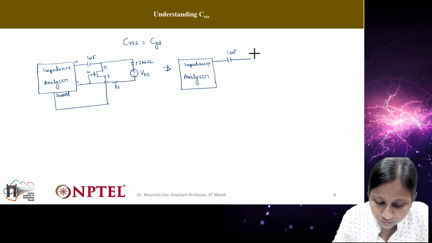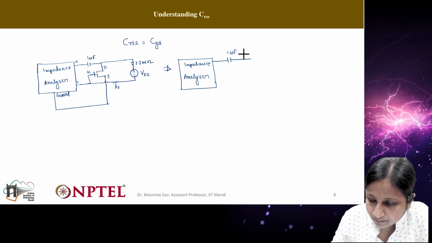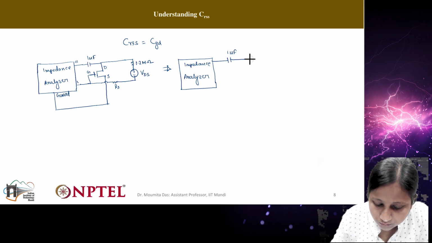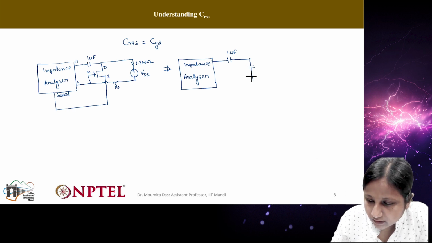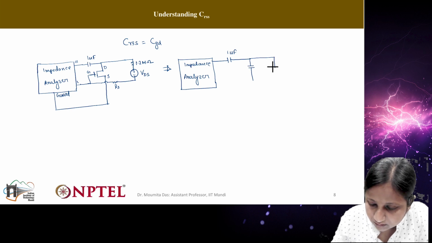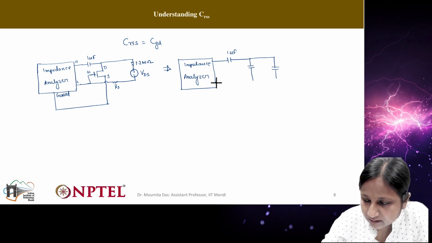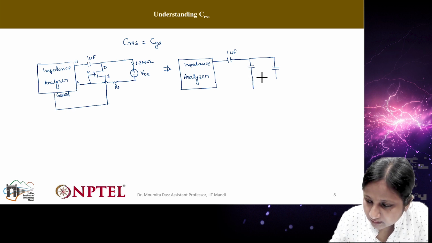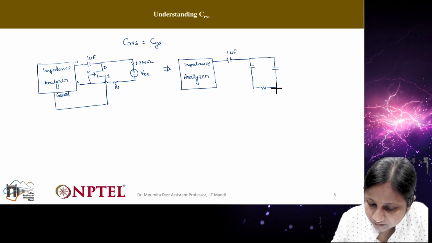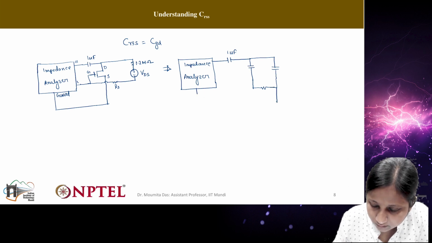Now there are three different capacitances coming: the gate to drain capacitance, and then another, the drain to source capacitance. And these gate to drain capacitance and drain to source capacitance will have a resistance in between. And this source terminal will be connected to the guard.